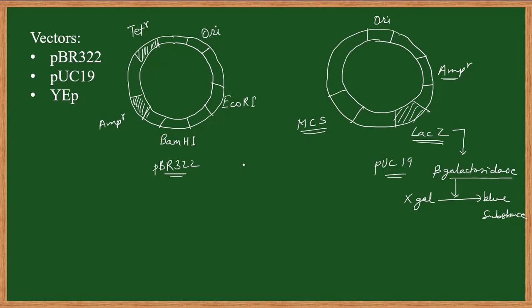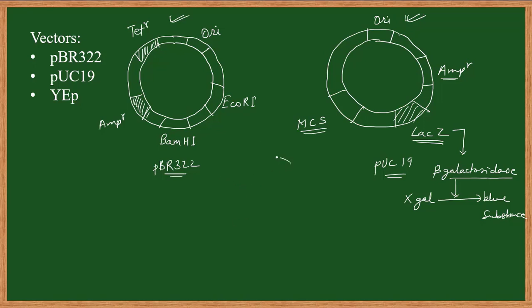Now we will see the third type, this one also different, YEp. YEp is also called a shuttle vector, and it is applicable for both types of host cell, prokaryote as well as eukaryote, but the earlier vectors are only applicable for prokaryotes.